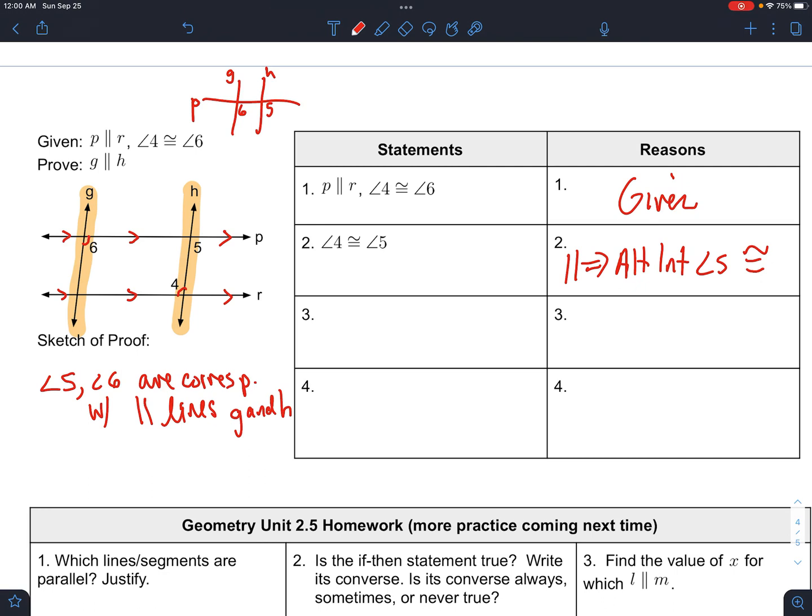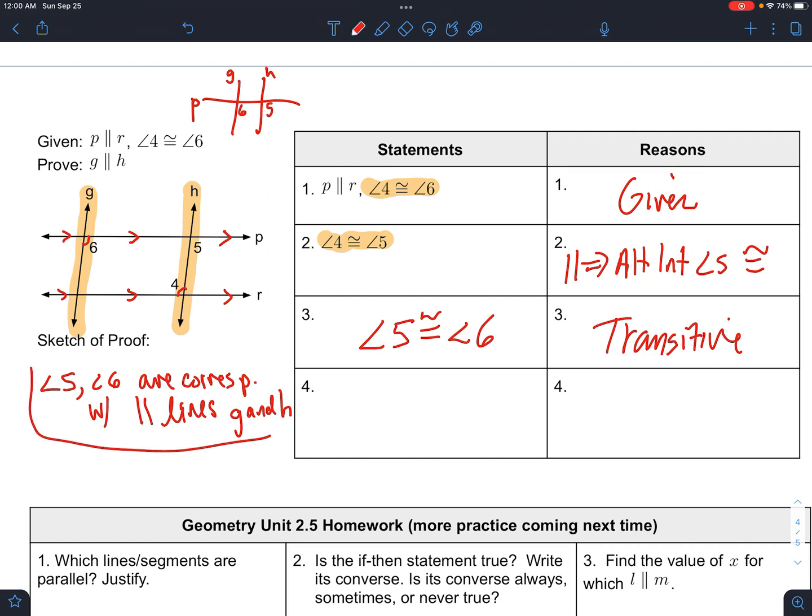Okay? And then whenever you see this kind of game happening where you got two statements and 5 is 4 and 4 is 6, that's transitive. Okay, we've seen that at least 5 times up to this point, this kind of relationship. So this tells us that 5 and 6 are congruent. And that's what we're saying down here, is that they're corresponding as well.